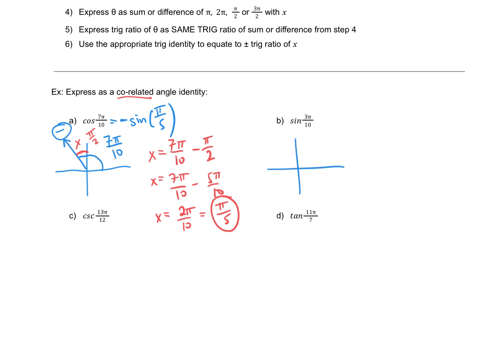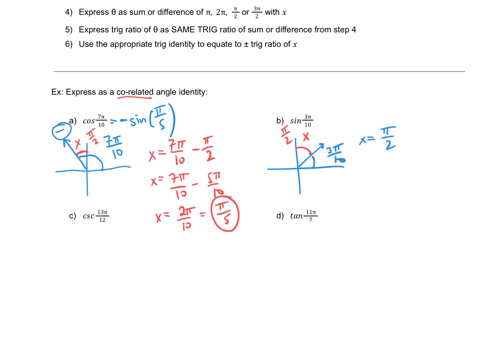3 pi over 10 is in quadrant 1. So this angle here is 3 pi over 10. But our x is glued to the y-axis. So we need to see within that quadrant that's all worth pi over 2. Let's remove 3 pi over 10 to get the leftovers to get our x value.